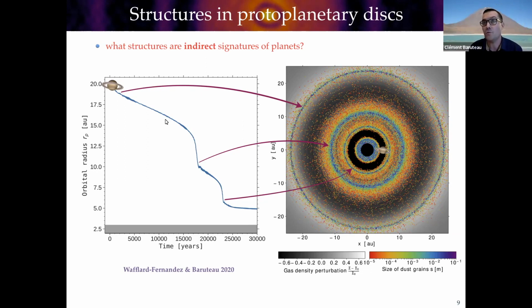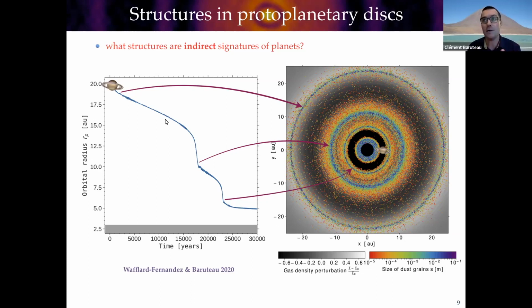So this is the so-called type 3 runaway migration. But the thing is that when the migration accelerates, it means that the planet and the gas will have a substantial relative velocity, which implies that the spiral density waves that the planet triggers in the disk gas become extremely strong shocks.